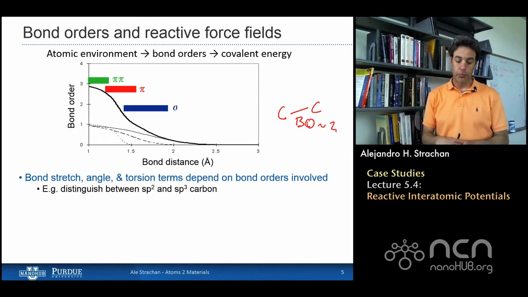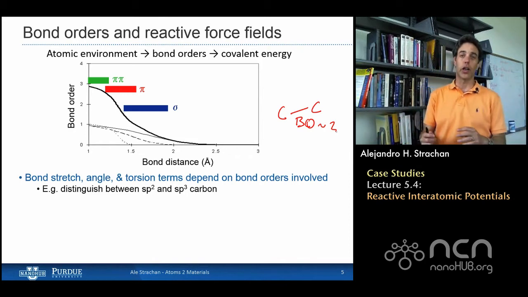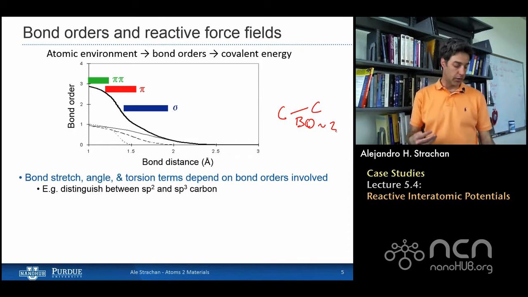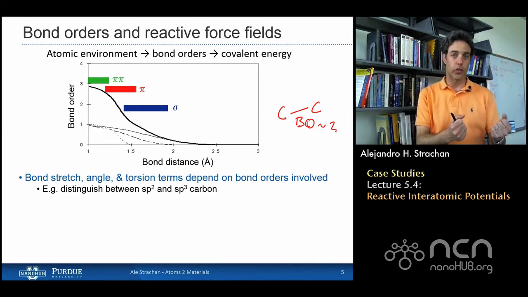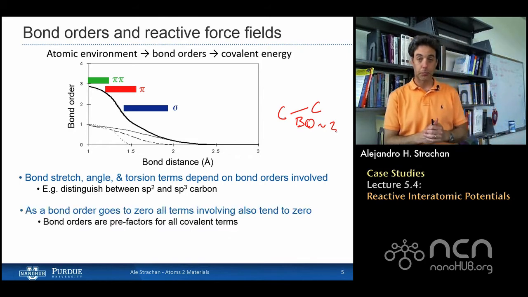That's the way in which I can distinguish between different bonding characteristics like sp2, sp1, or sp3 in a reactive force field, as opposed to having to use fixed atom types as in non-reactive force fields.